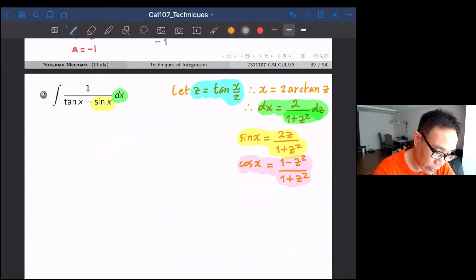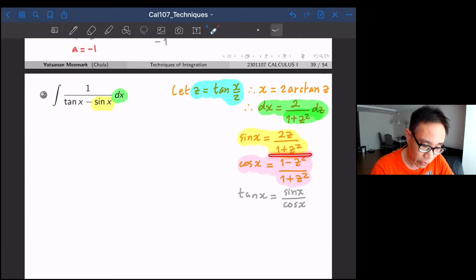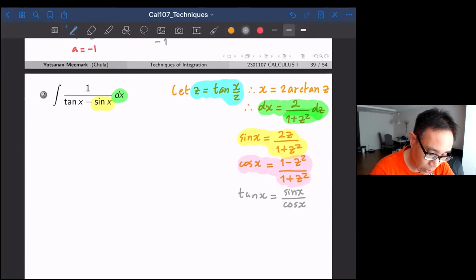So in this case, my tan x turned out to be sine x over cosine x. When you have tan x equal to sine x over cosine x, for this one, you see this quotient and the thing that you're going to get rid of will be the bottoms. So in this case, you would be left with 2z over 1 plus z square.